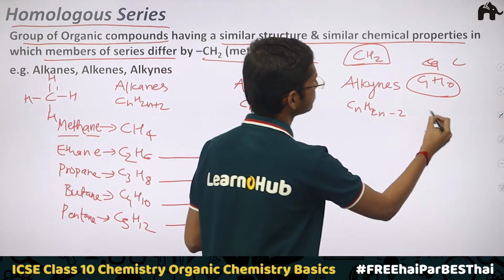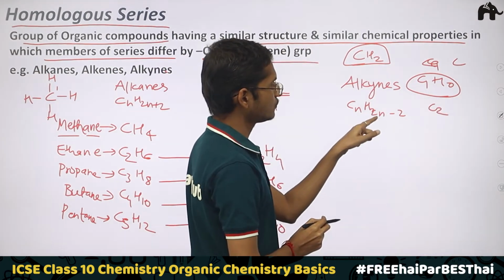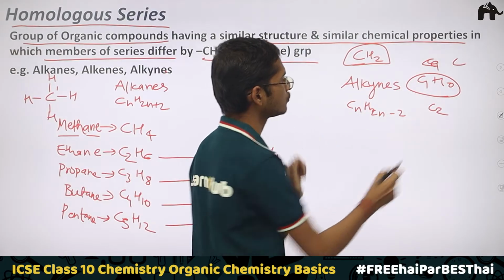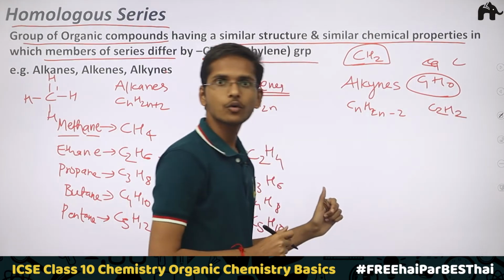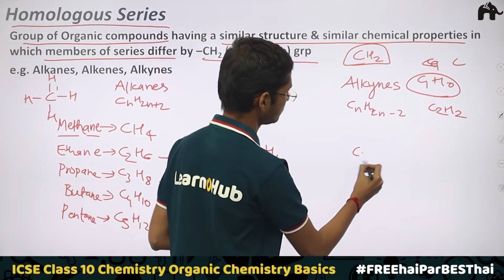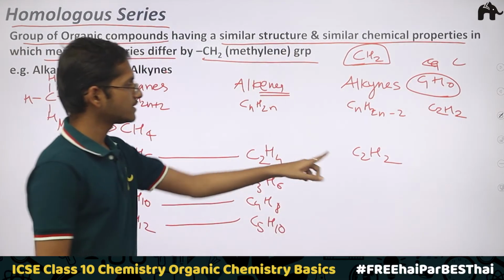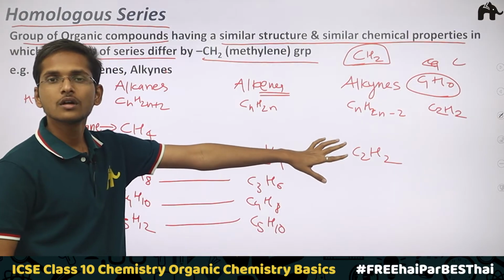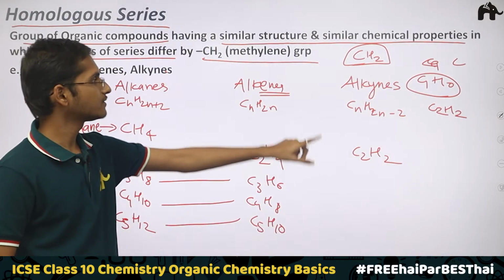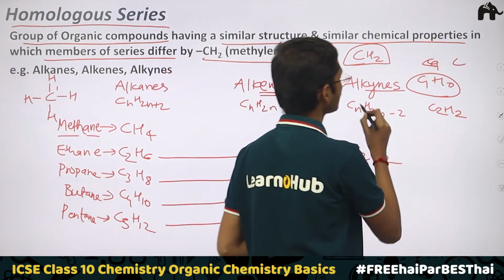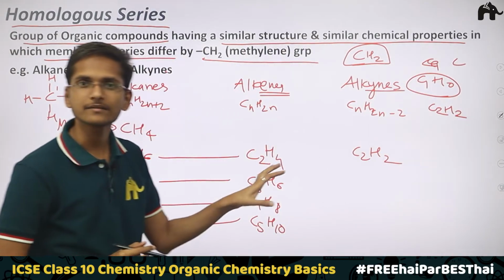So C2, and then H 2 into 2 is 4, 4 minus 2 is 2, so C2H2. Here C2H2 is the first member of the alkyne. Its name, the same way, 2 carbon atoms, so eth would be the root word, and since it is an alkyne, yne, ethyne.